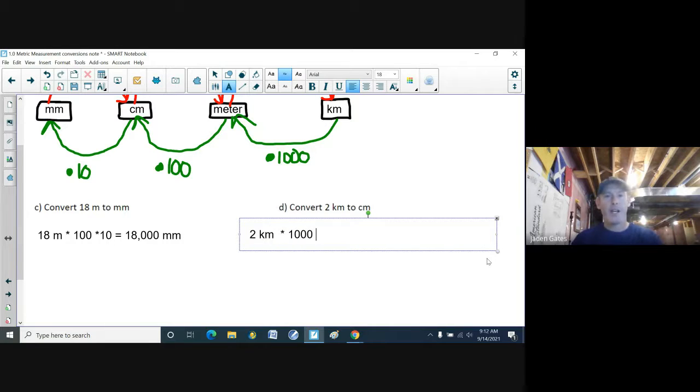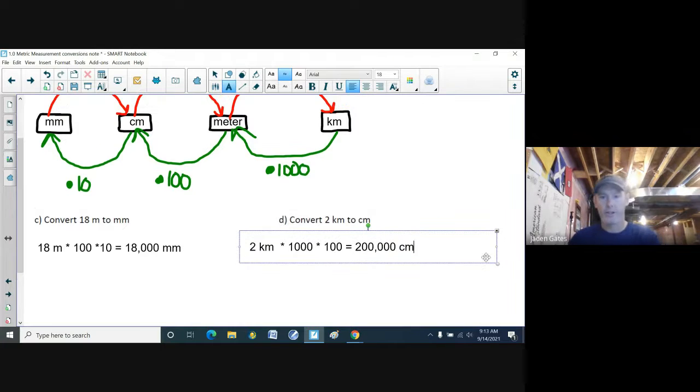And then I got to go from meters to centimeters. Whoa, this number is going to be a big one, it looks like. Times it by 100. All right, and so if I make those jumps, well, 2 times 1,000 is 2,000. And then I times it by 100, and I'm going to get 200,000 centimeters.